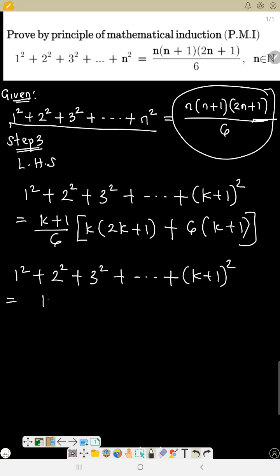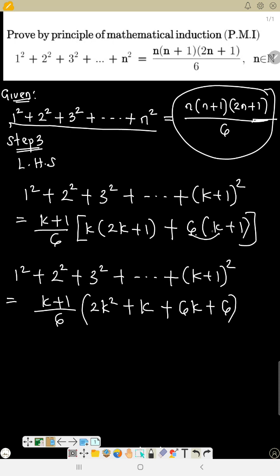So this is k plus 1 over 6 brackets, and I'll have to expand everything in the brackets. So this will be 2k squared plus k. So k times 2k is 2k squared, k times 1 is k, plus 6k plus 6. That is 6 times k, 6k, and again 6 times 1, 6.